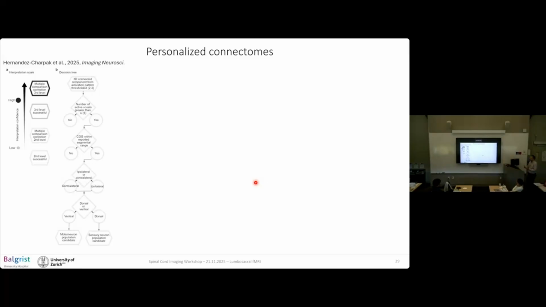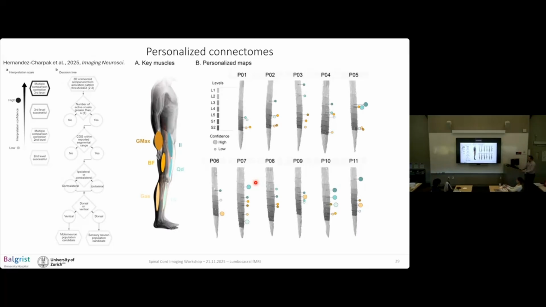And based on these considerations, you can have a confidence whether the seen cluster corresponds to certain muscles, right? And using this scheme, they mapped the clusters corresponding to different muscles on personalized 3D models.